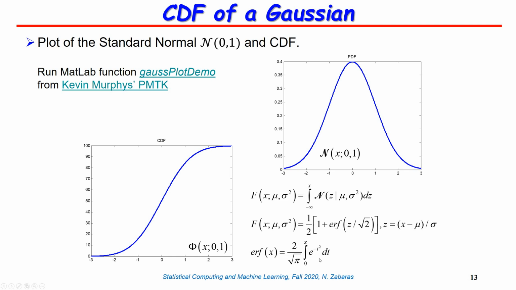That's where the error function comes. So this is the definition of the error function. So if you have tables of the error function, then you can actually calculate the CDF of any univariate Gaussian, by computing this normalized variable z, x minus mu over sigma, and then evaluating the error function. That will give you the values of F.